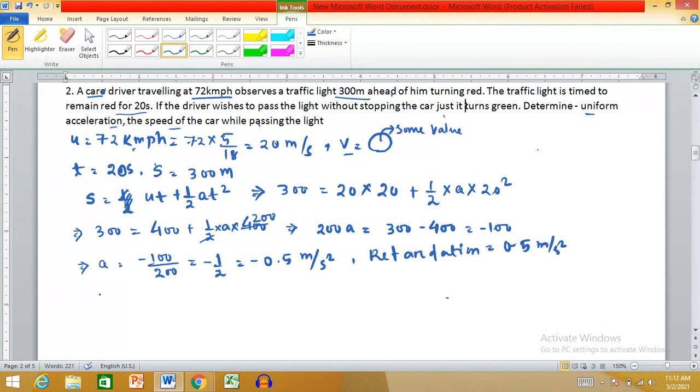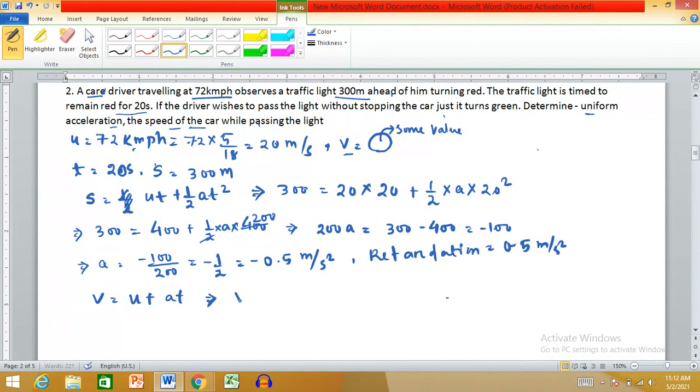So you have calculated the acceleration. Now you need to calculate the speed of the car at the traffic post, or when the car passes the light. So v is equal to u plus at. That is, we will use the first equation of motion.